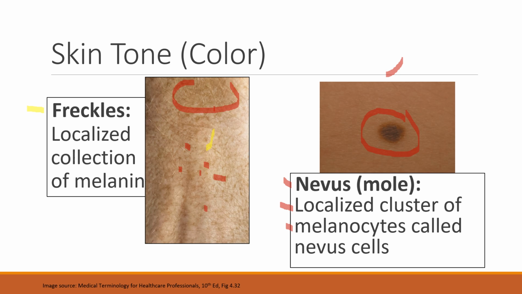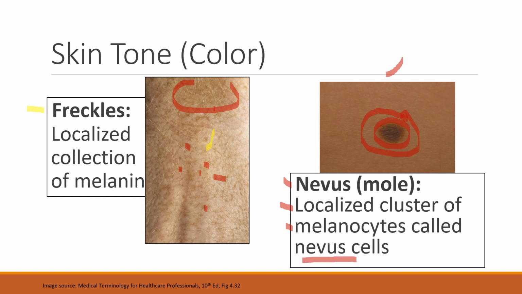Now, before I had mentioned that your skin tone is not determined by the number of melanocytes, which it's not, but these other things right here, like a mole, you can have a cluster of cells here, and what they do is they produce a certain type of melanin, an abundant amount, that gives that mole that particular shape, size, color, and so on.